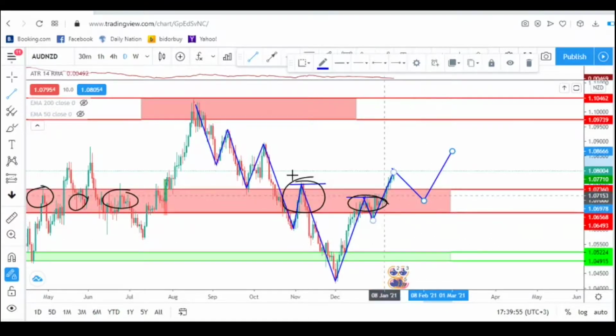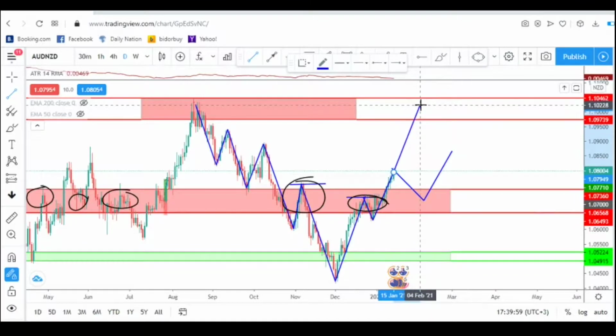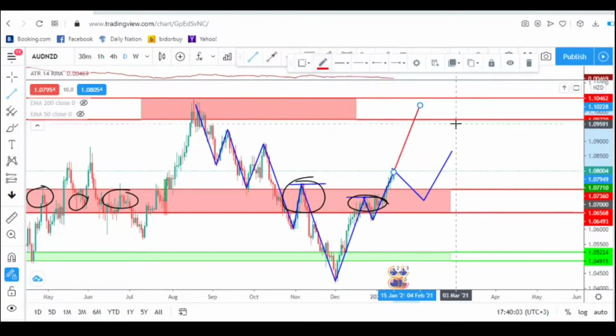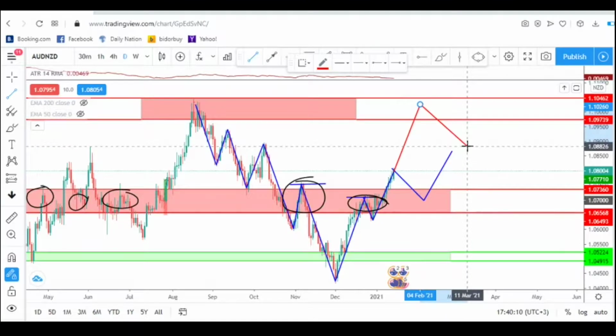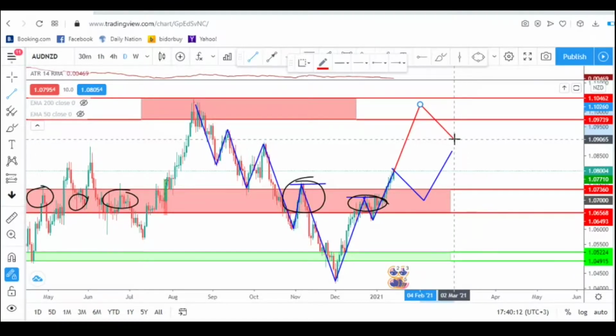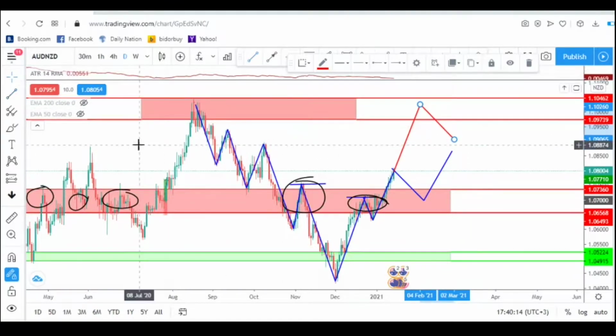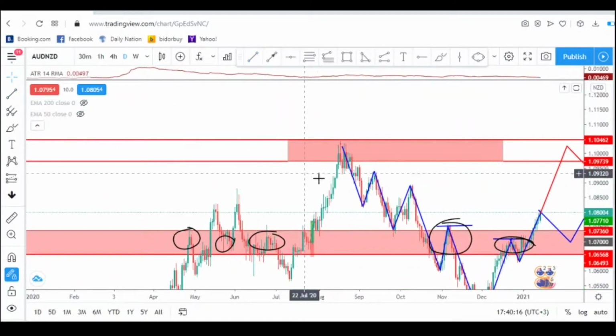And if this market does not do such a thing and goes up here to this resistance level, I will be looking for a counter trend. And for this counter trend, I will go to a lower time frame and look for a reason to short this market. This is a strong level of resistance.